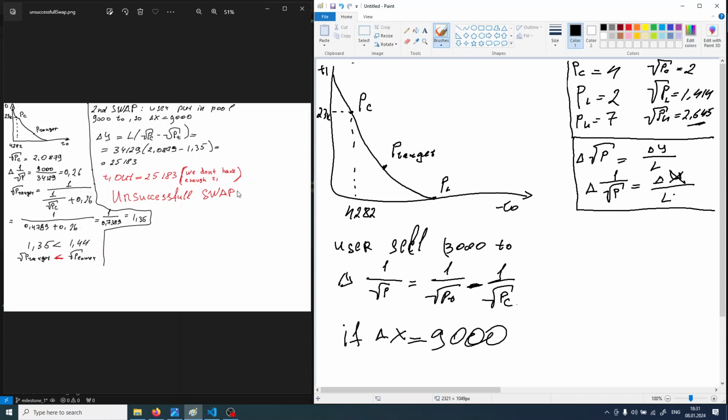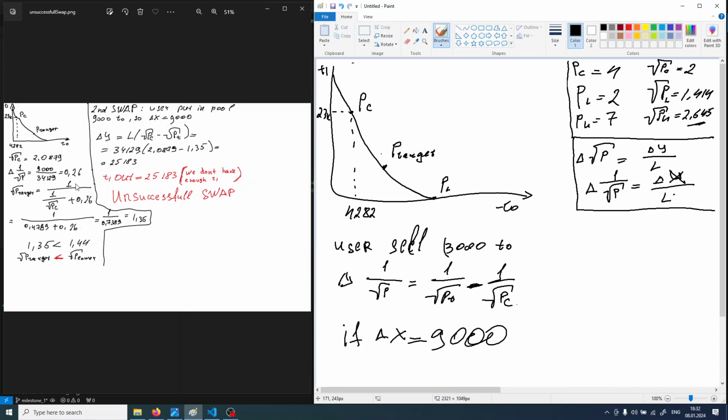But in our case we don't have other price positions, we have only one, and we can calculate the swap, and we can see that P target will be lower than the square root of P lower. If we proceed with this P target, we can calculate delta Y, and it will be 25,000.